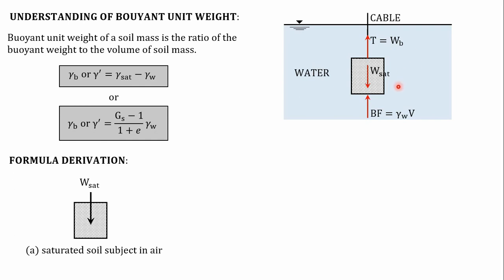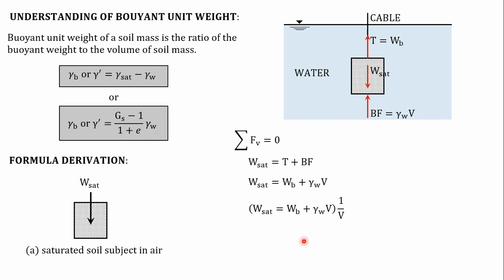By summation of vertical forces equal to 0, we have weight saturated equal to T plus buoyant force. Take note that the buoyant force is equal to unit weight times volume, which is the formula of the buoyant force.